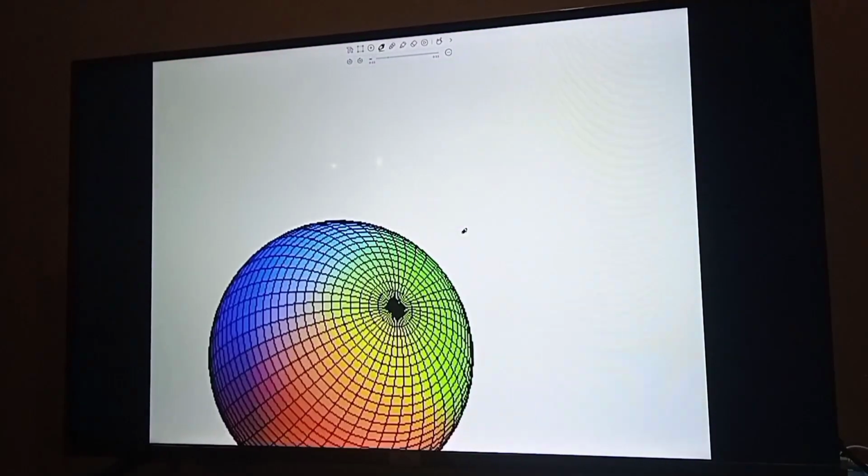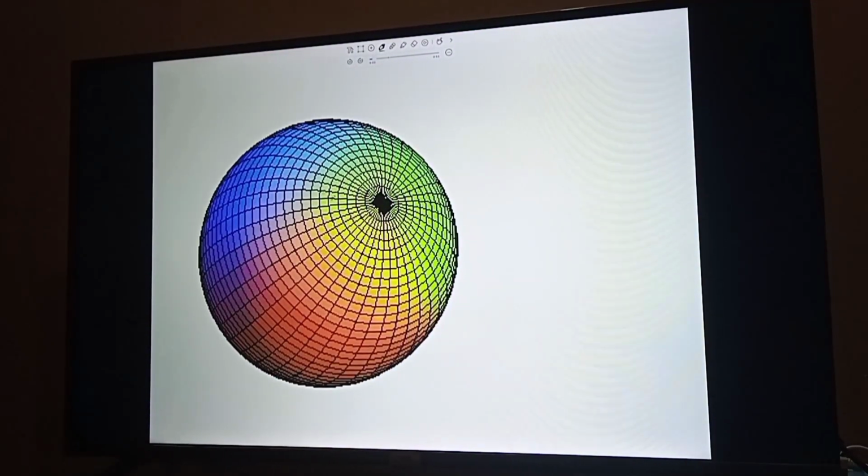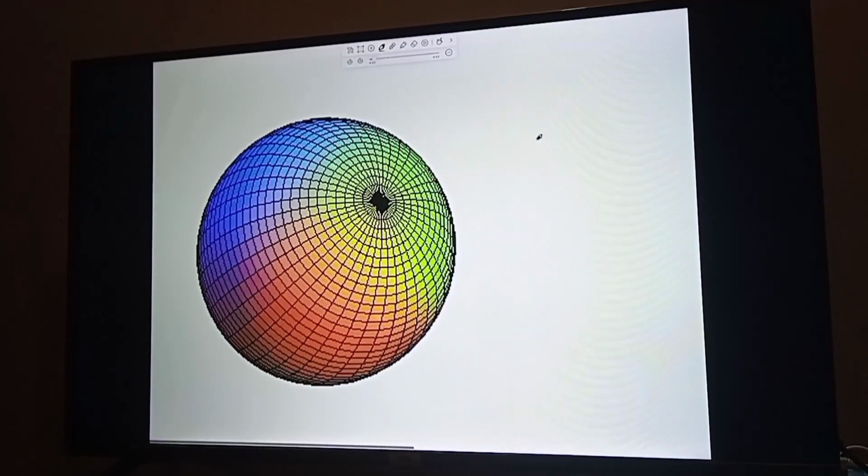Now if you see the sphere, then its outer surface is made up of many small pieces, like you can call it a pyramid.